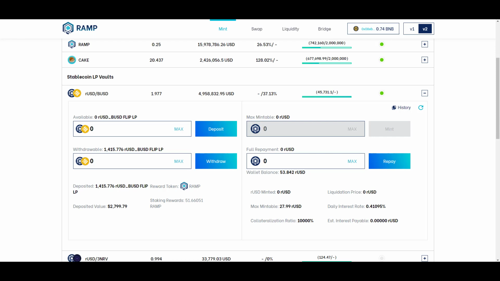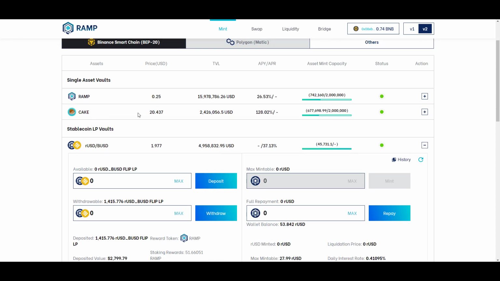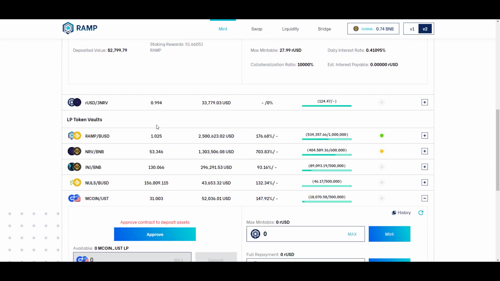And of course, you could basically do anything with that RUSD on BSC. You can go ahead and convert it all into cake and let it auto compound here. Or you can redeposit into one of these pools, or maybe just take it to a different protocol altogether. But nonetheless, it's another way for you to extract maximum value from these DeFi protocols.